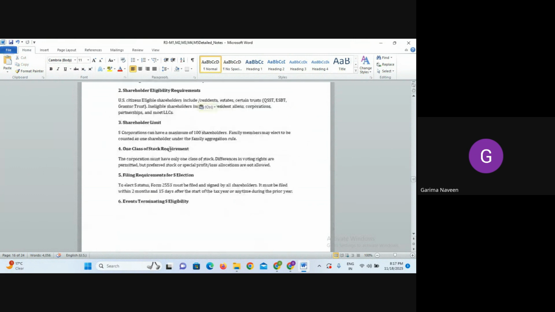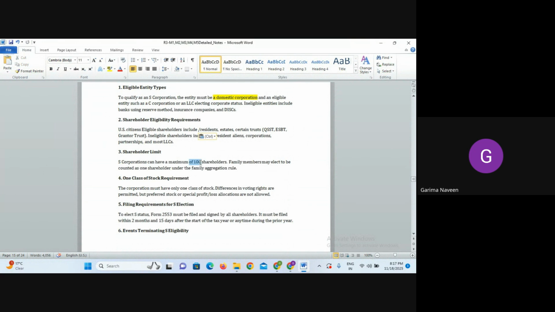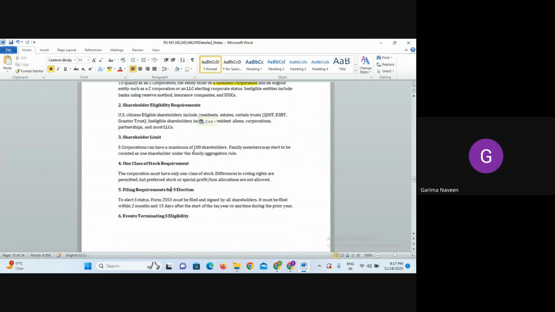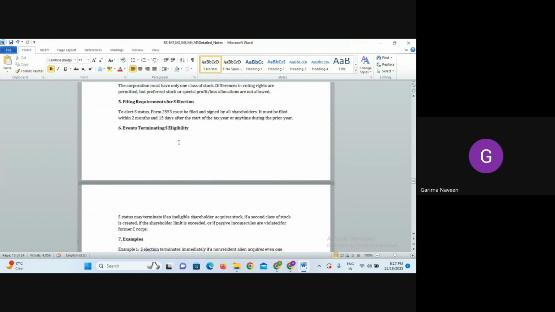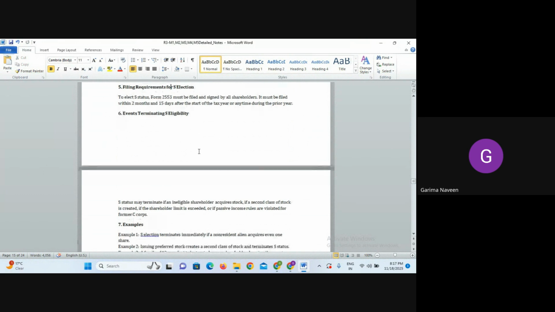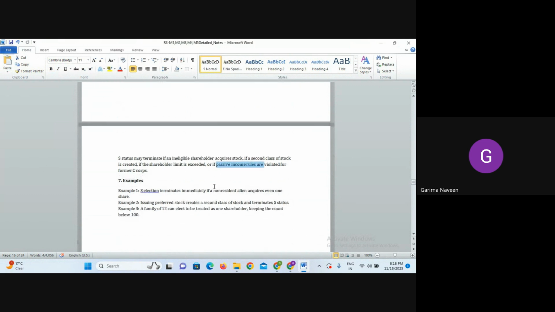For example, if you have more than 100 shareholders, if you issue two classes of stock, or if a foreign corporation becomes a part of your S corporation, in that case your S corporation status will be terminated. Also, if your passive income is more than 25% in the last 3 years, then also your S corporation status will be terminated.